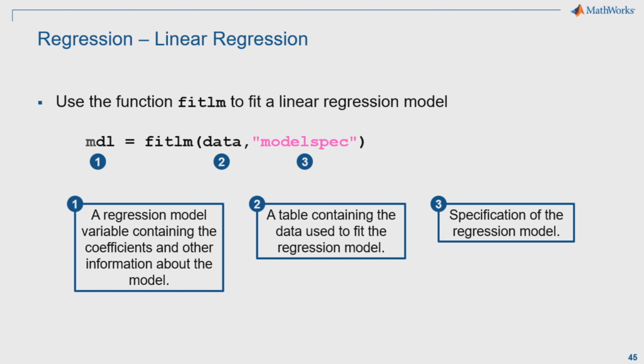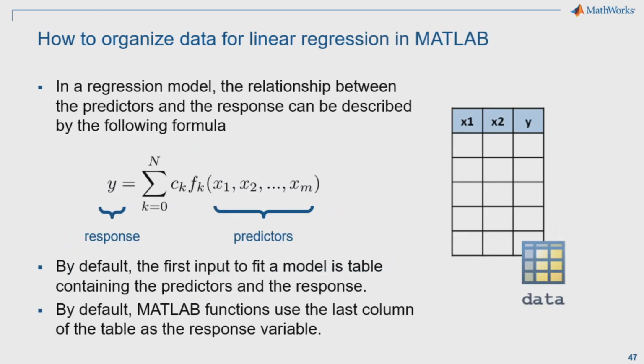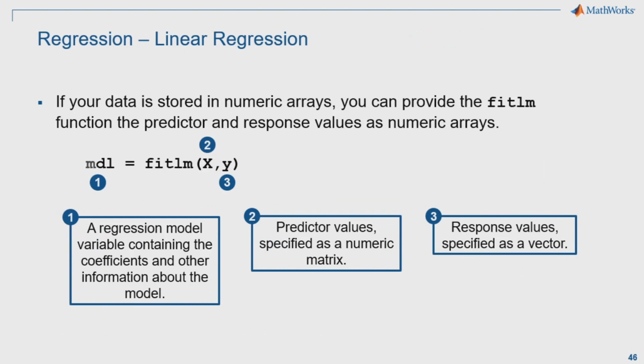And this model should be specified through a string called here model spec. I didn't show this to you now, but the model specification is done using a particular sequence of characters which represent not exactly your equation, but the terms that could be present in your equation. But I will explain this better to you later.